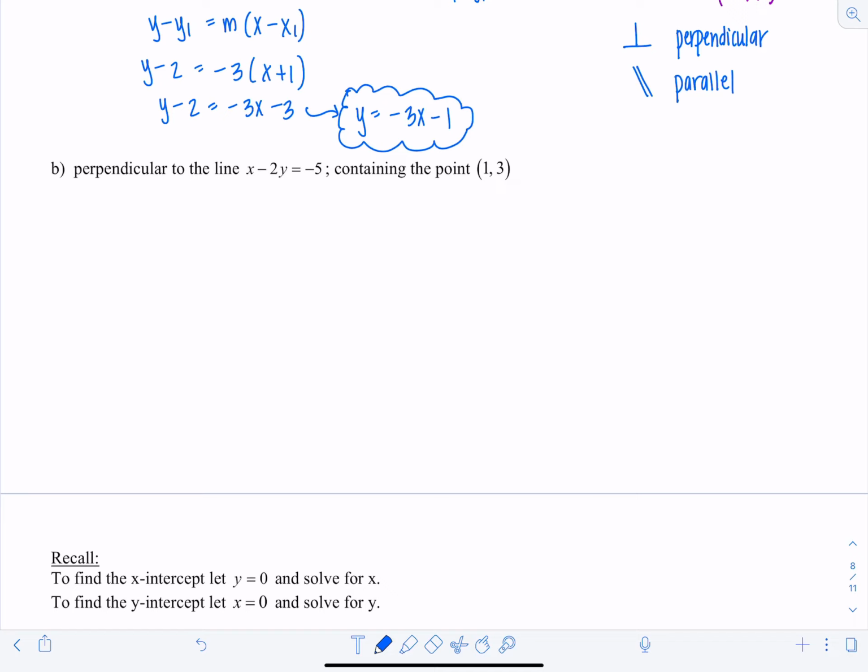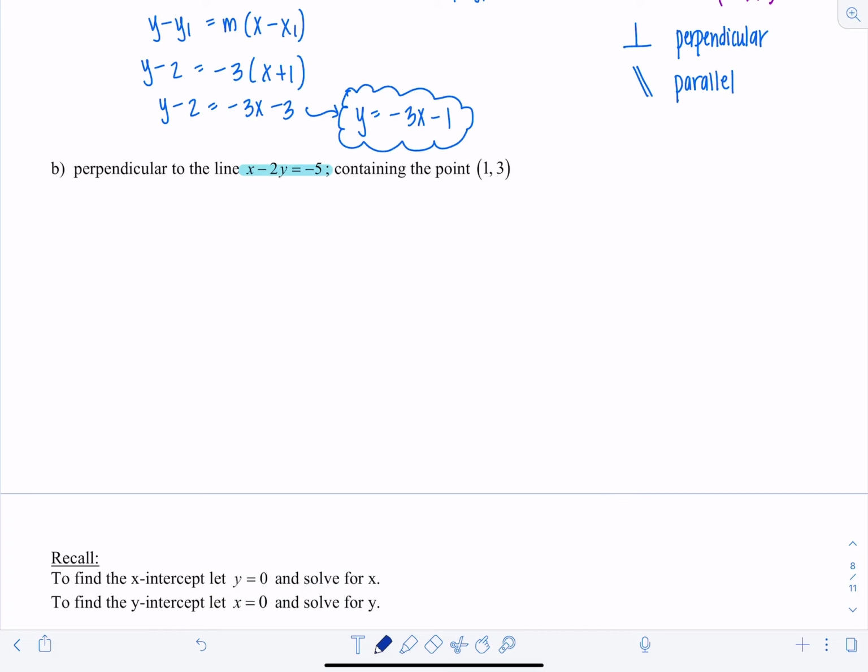This time we want the equation of the line that's perpendicular to x minus 2y equals -5, and it contains the point (1, 3). Okay, so remember, if our line is perpendicular to this line, then their slopes are going to be opposite reciprocals. However, the way this line is currently written, I can't tell what its slope is just by looking at it.